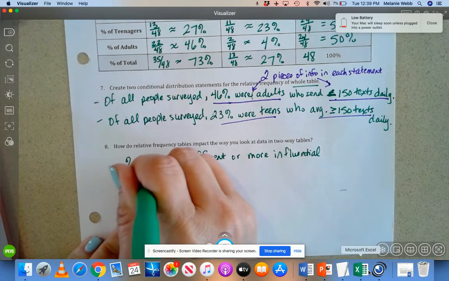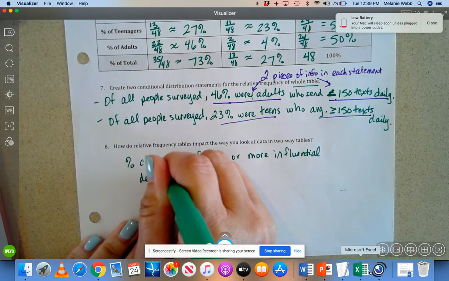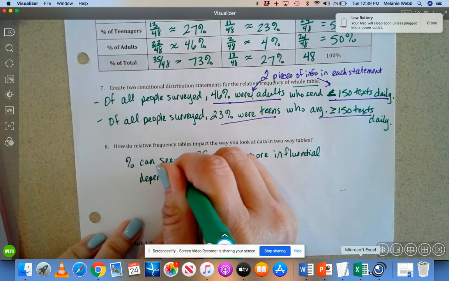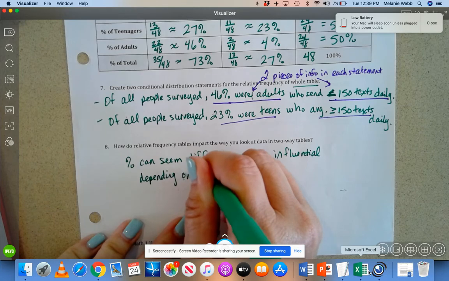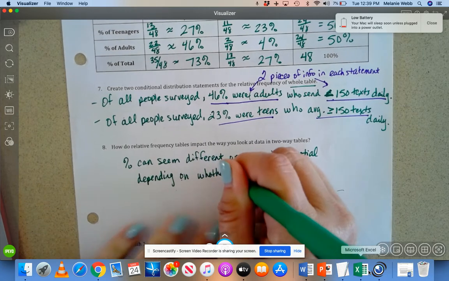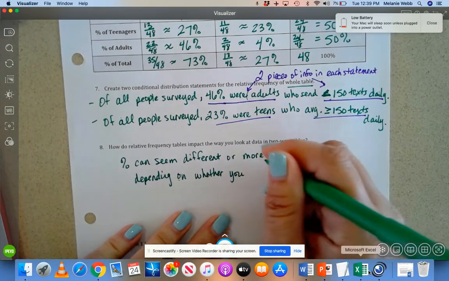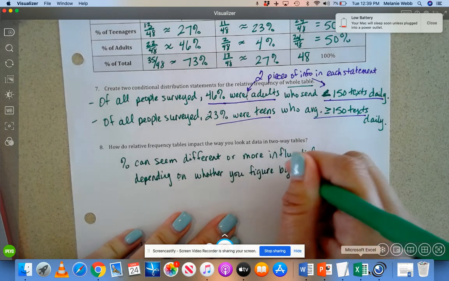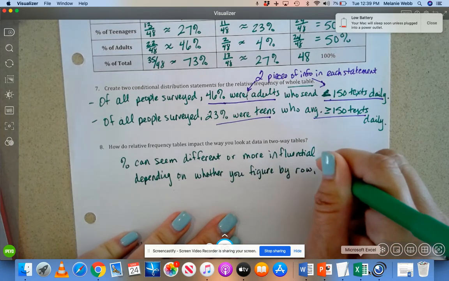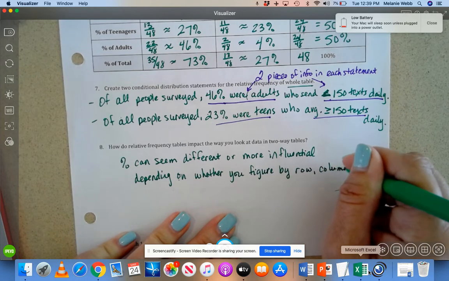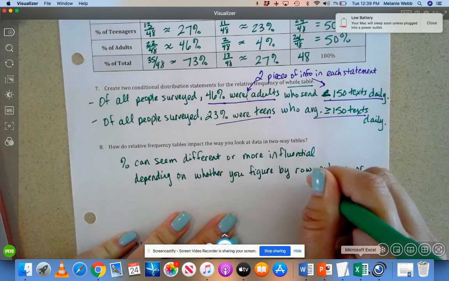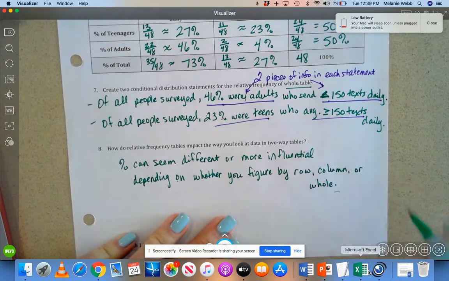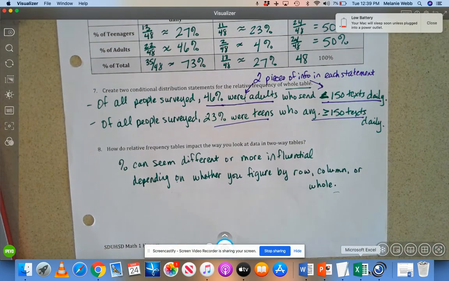Depending on whether you figure by row, column, or whole. So depending on what you're trying to influence, you can look at them in different ways, right?